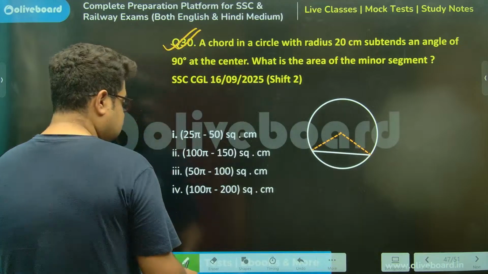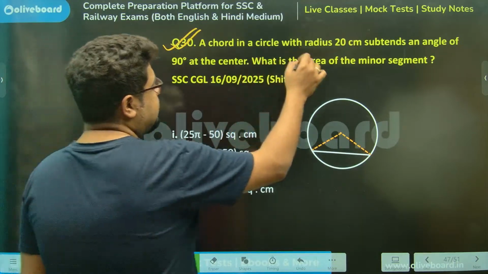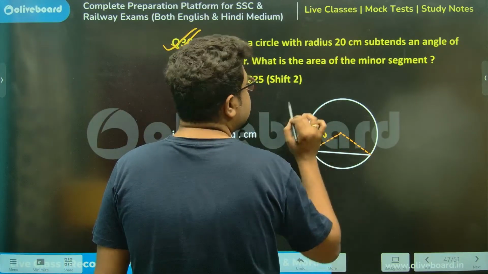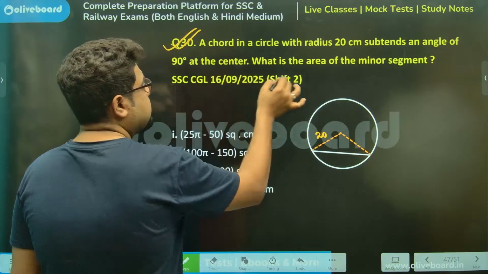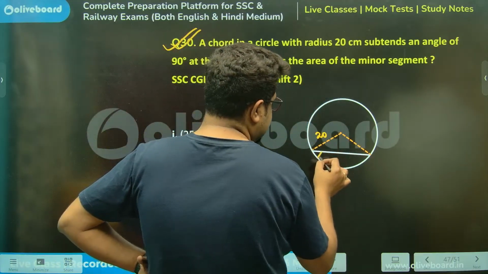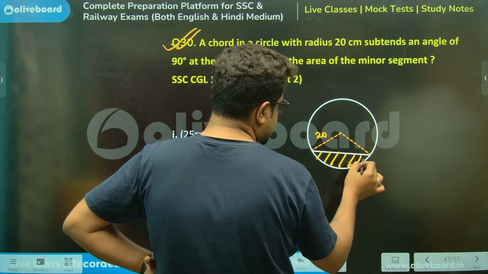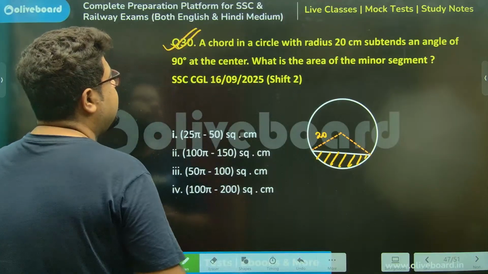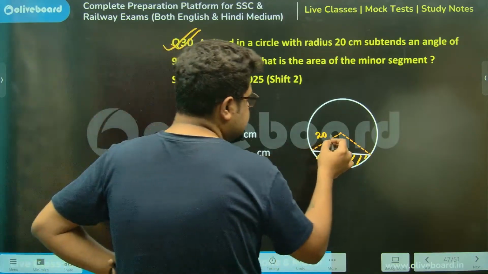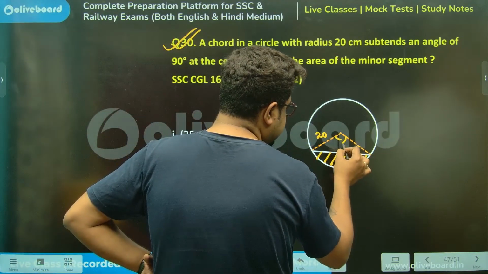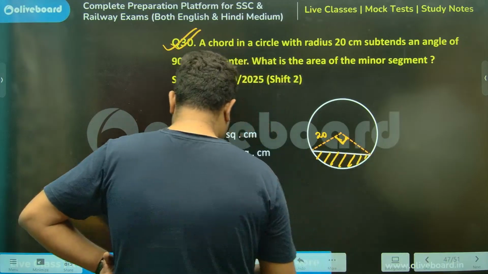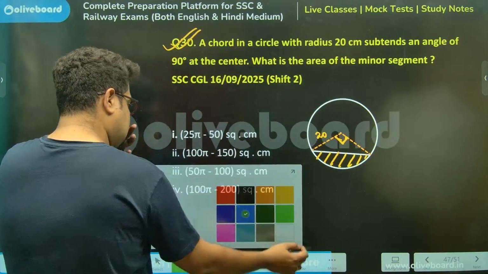A few things are given: these are 20 each. What is the area of the minor segment? 20 centimeter, 90 degree angle.